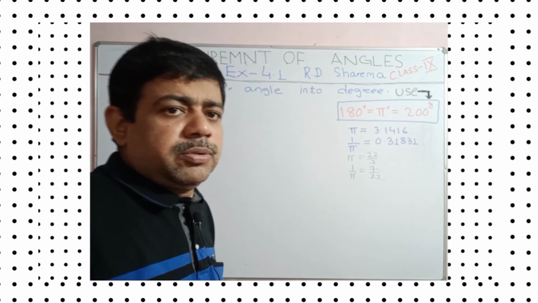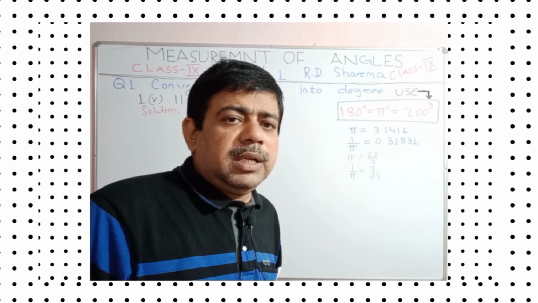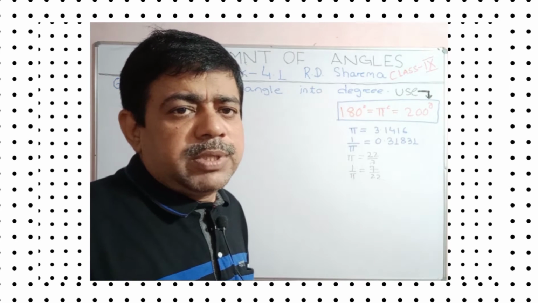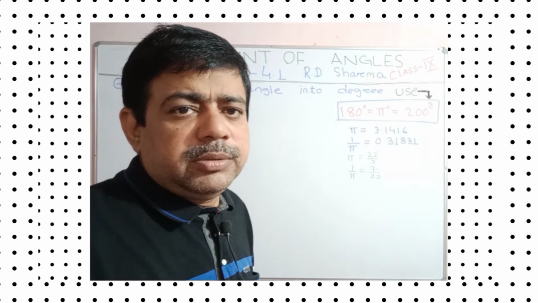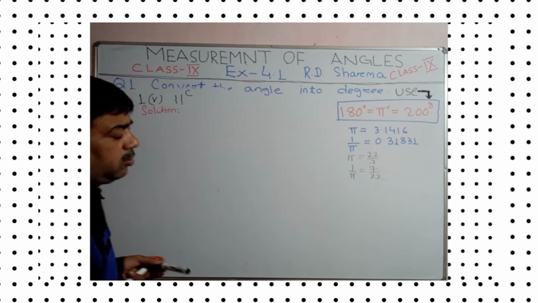Question number 1, 5th bit. Here 11 radian is given, and we are going to convert 11 radian into degree. Here we are converting the angle from radian to degree.